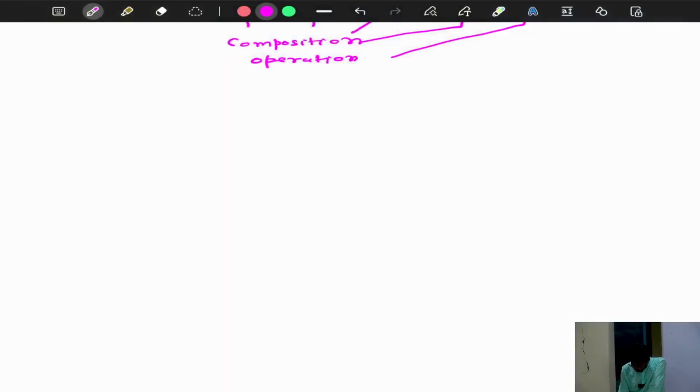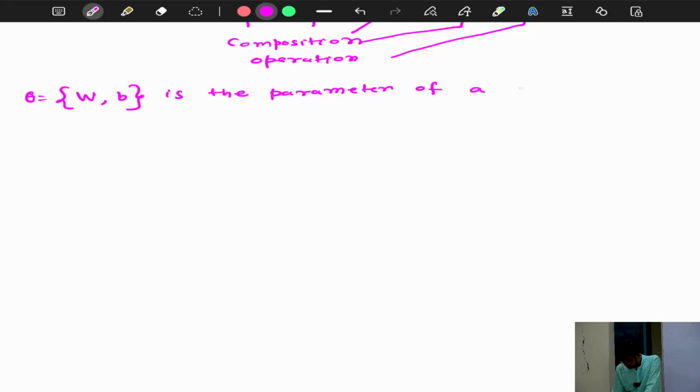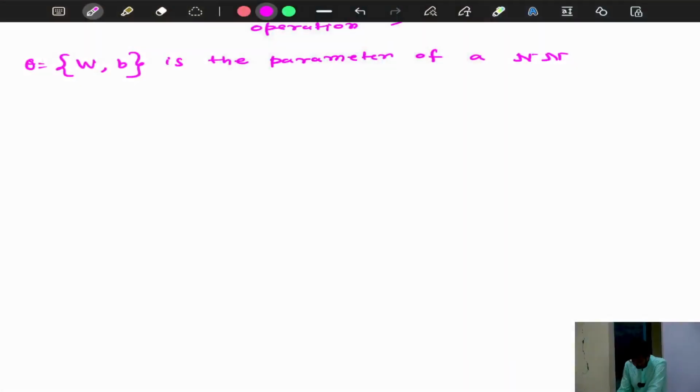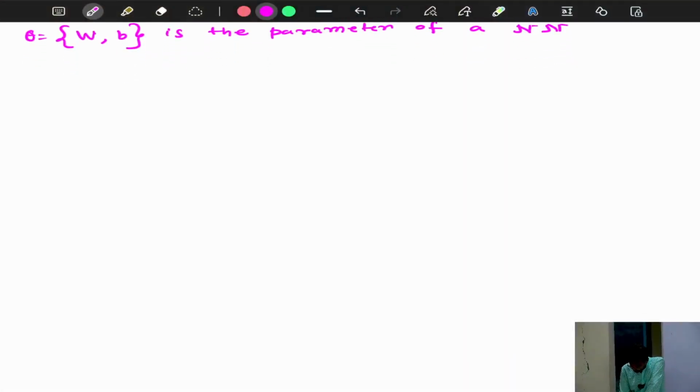So theta is equal to all the weights and biases combined together, and it is the parameter of a neural network. Parameter means it is to be trained. The loss function you will try to minimize by changing the parameter.